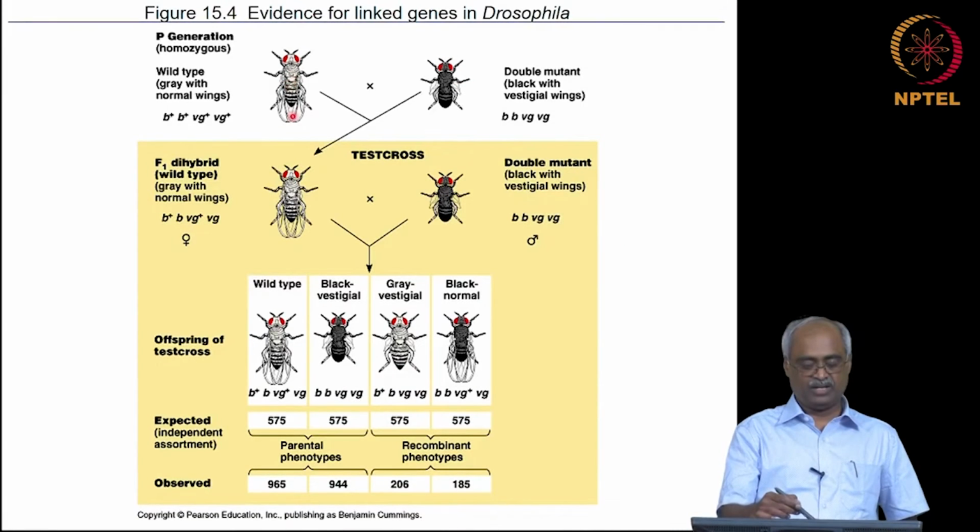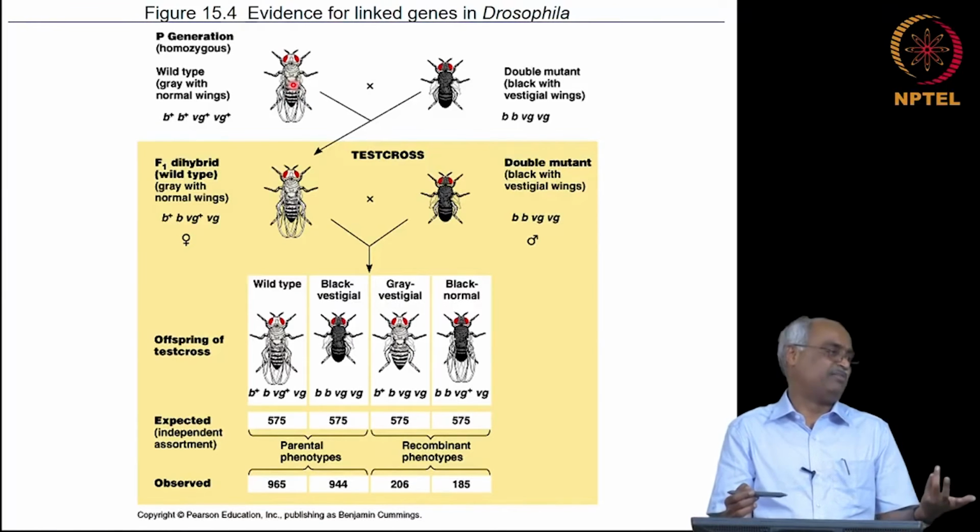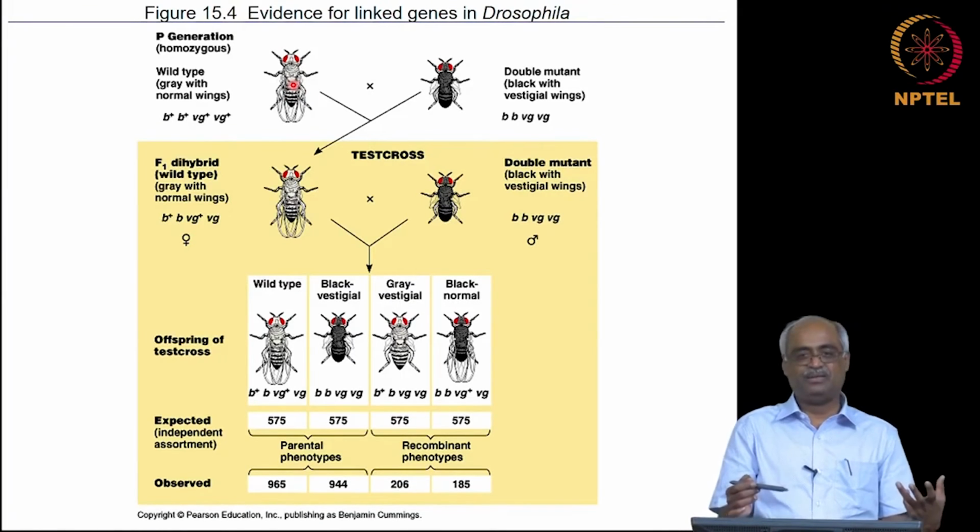The parental phenotype is normal wing and grey abdomen, but suppose you get normal wing and black abdomen, or black abdomen and normal wing, sorry, that is what I said, and the other one is you have the black body with the normal wing. So, if these things happen, then he called them recombinant progeny.